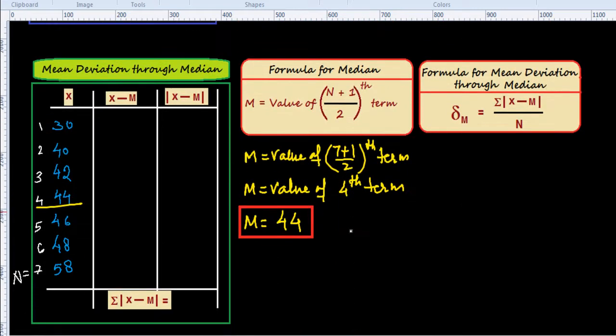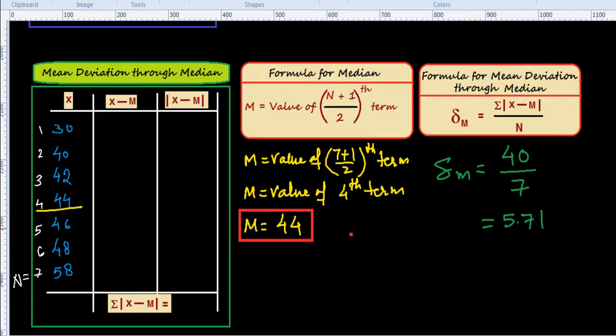The mean deviation through median is the summation of mod of x minus m, which is 40 here also, and we have to divide it by 7. So we get here 5.71, the similar thing.